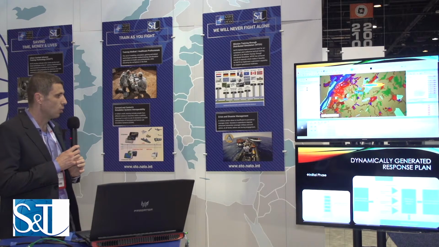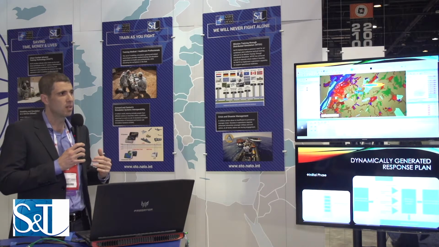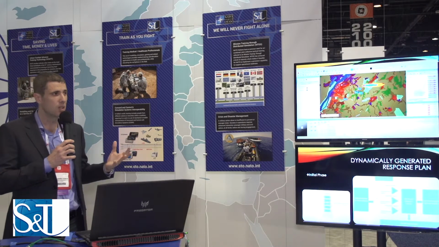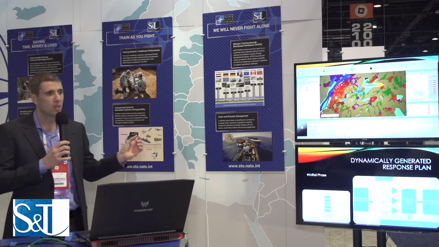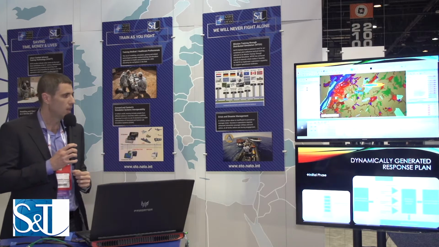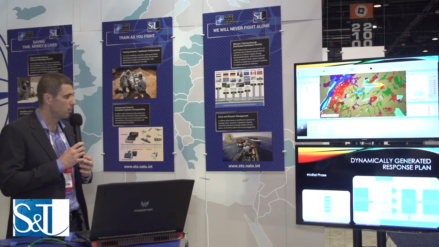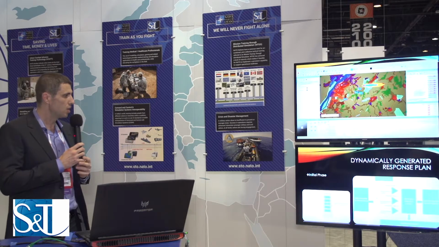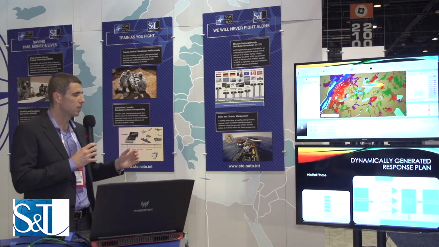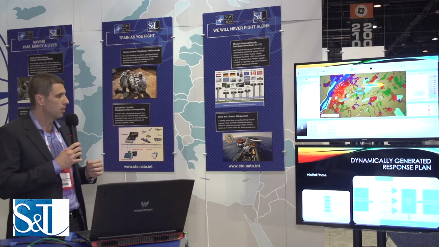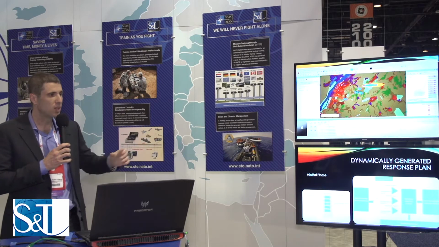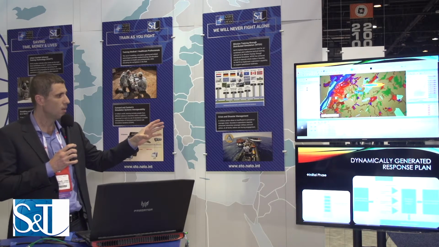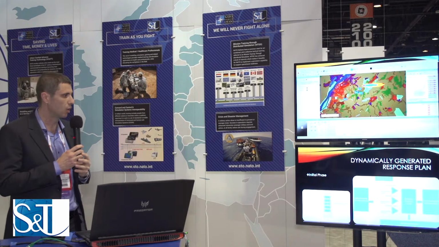In order to do that, we started to develop a database with SOPs in it. Each of the measures in this database has additional metadata, and using this metadata we can filter the appropriate measures for this specific event and these specific impacted or affected objects.